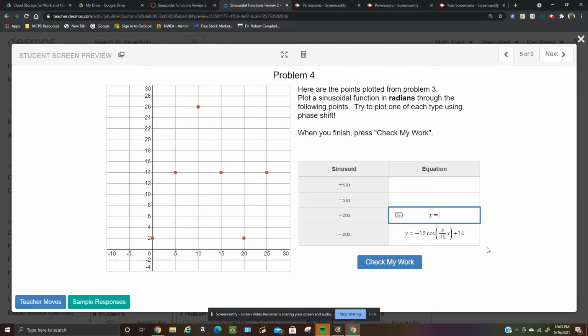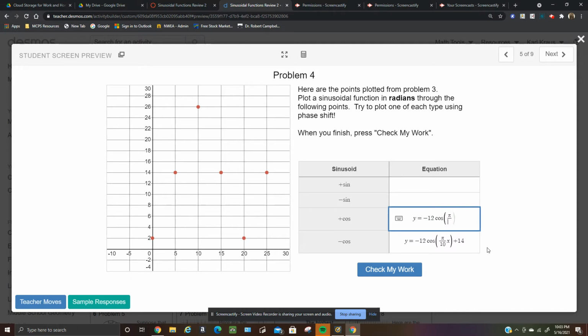So everything the same, only I'm starting at an x value of 10, so this will be x minus 10 in parentheses plus 14.